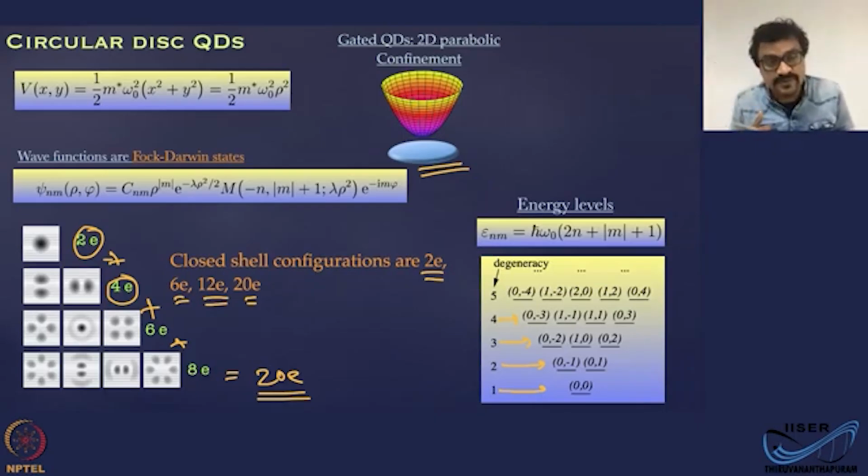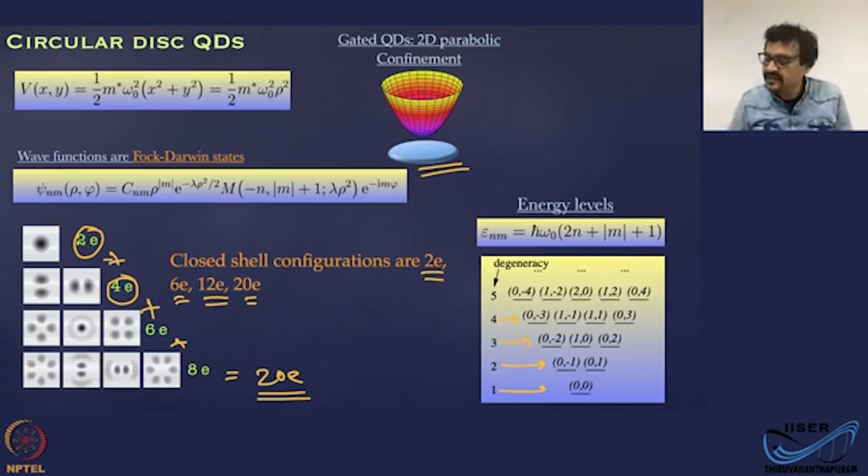That shell can take 4. Okay, so you will have to apply the charging energy plus the additional energy, which is the level spacing, or the shell energy, that you need to apply to go to the next shell. Okay, delta En. And that additional energy will be there whenever you jump to the next shell. That means between 2 and 4, and 4 and 6, 6 and 8, and so on.